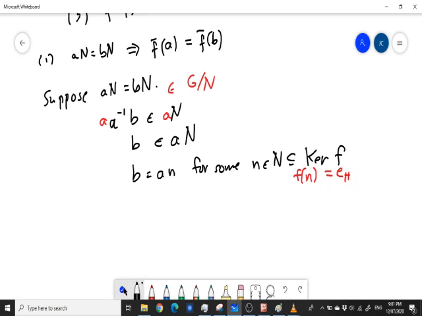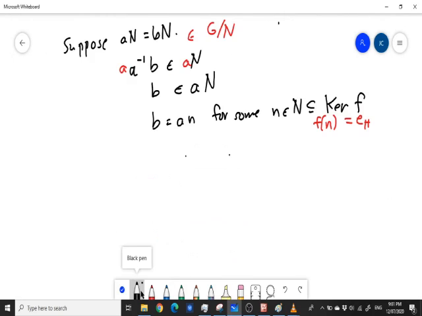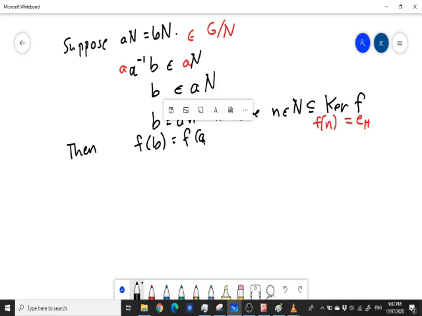So let's apply f. Then f of b equals f of an. But since f is a homomorphism, then it's equal to f of a times f of n.